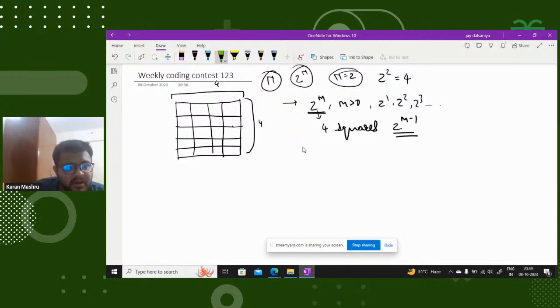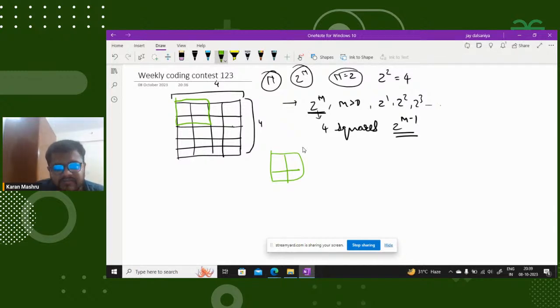For example, you select this square with side length 2^1. You selected this square, which is basically this much, and divided it into four different squares.